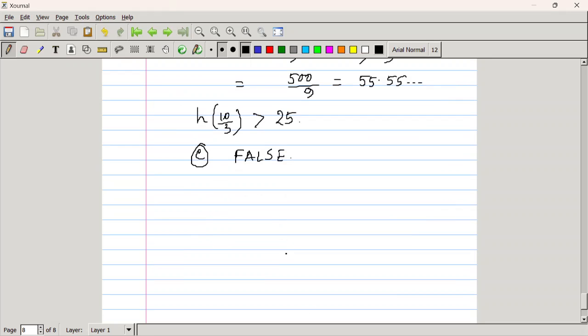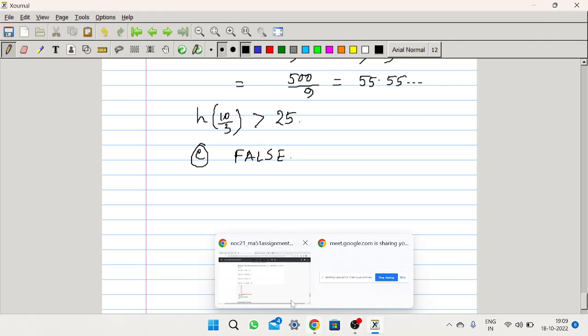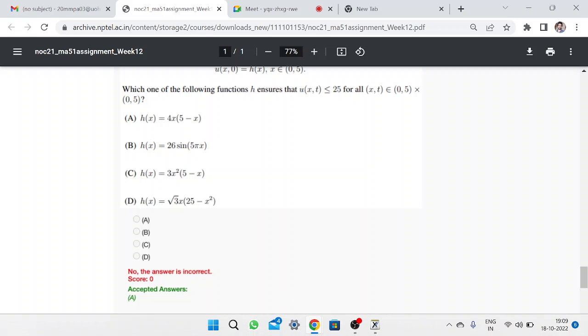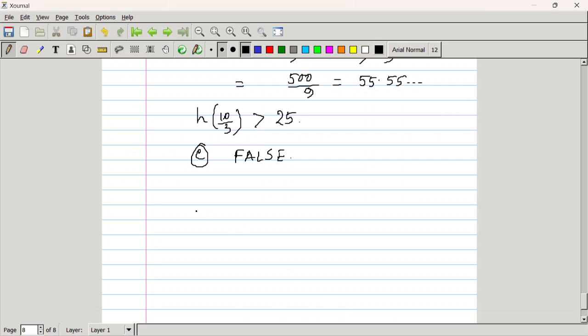Now option D. Option D is given as root over 3x into 25 minus x square. I have to find by 25 only. h x equal to root over 3x into 25 minus x square.